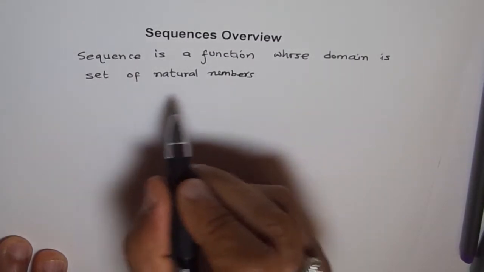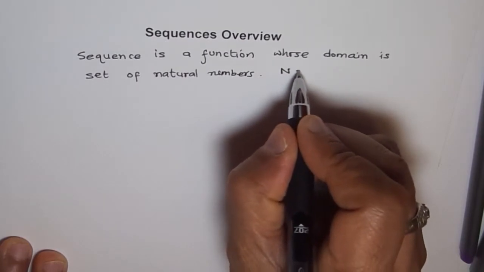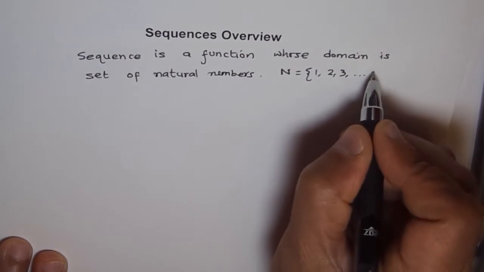So you remember what a set of natural numbers is, right? Natural numbers are denoted by letter N, and the numbers are like 1, 2, 3, like this.